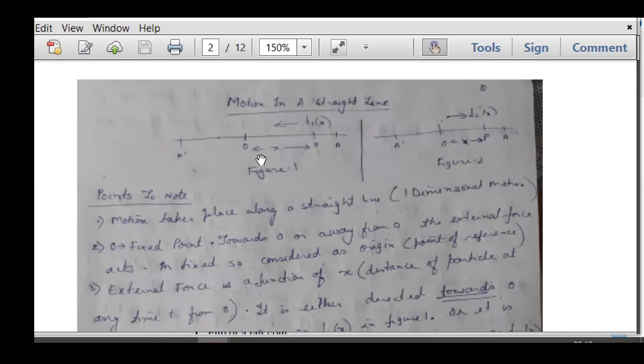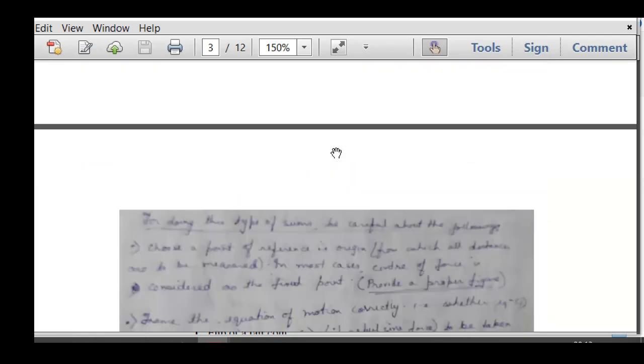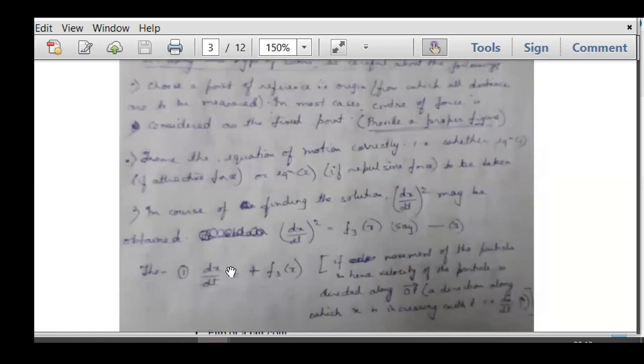As I already said, x is increasing in this direction, so along with time x will be increasing in this direction only. That's why dx/dt is increasing in this direction, and d²x/dt² is also increasing in this direction. So as dx/dt is increasing in this direction, this is the direction of the left hand side of this equation increasing.